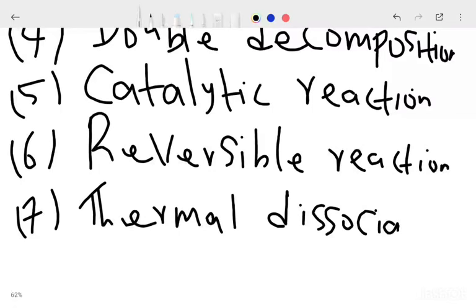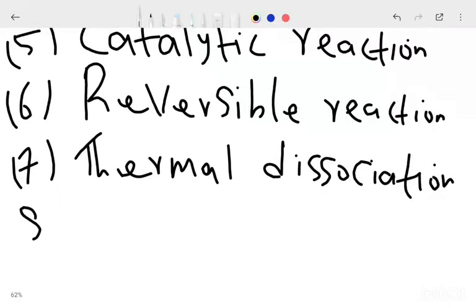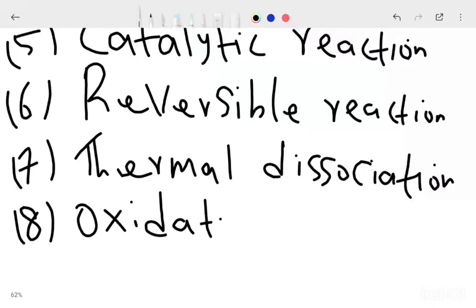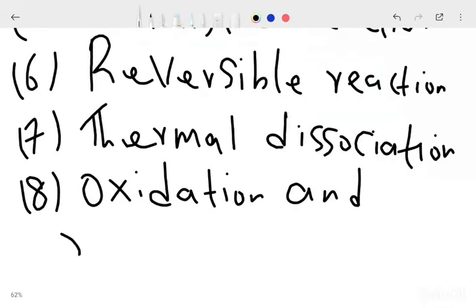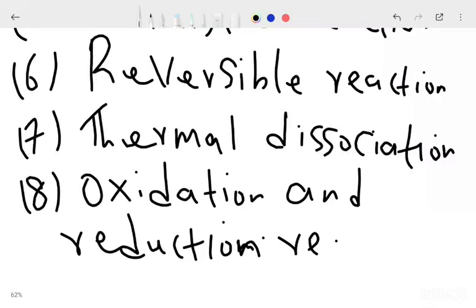Then number eight, we have oxidation and reduction. Oxidation and reduction what? Reaction.